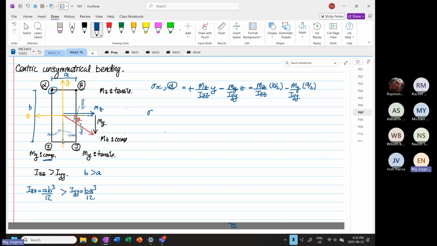If I do stress X for beta, same thing, MZ over IZZ multiplied by Y, MY over IYY multiplied by Z. So now we are going to focus at point beta. MZ for point beta is positive.